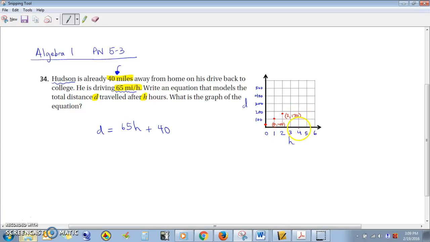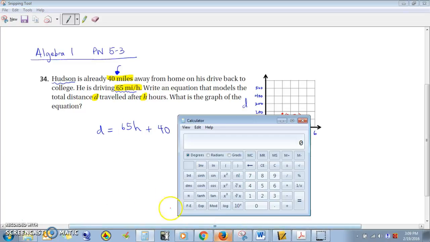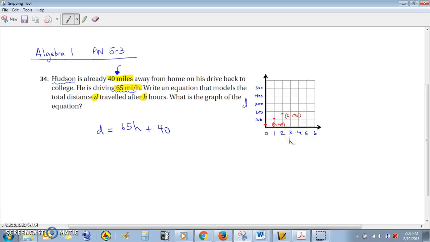And now I'll plug in 4 next, and then I'll plug in 6. So 65 times 4 is 260, plus 40 is 300. So we got the point 4, 300. So over 4 hours, up 300 miles.